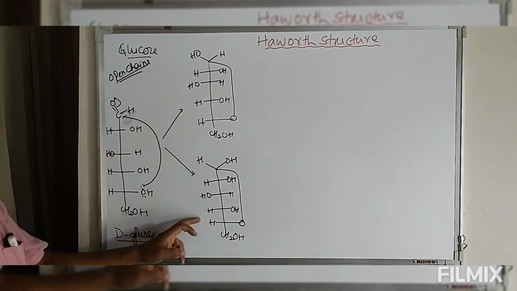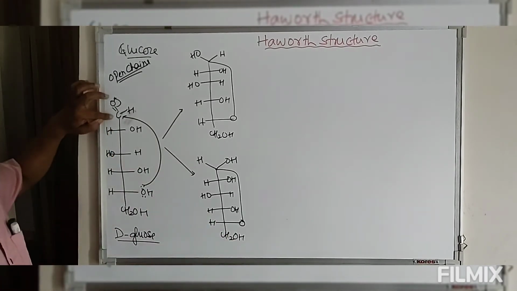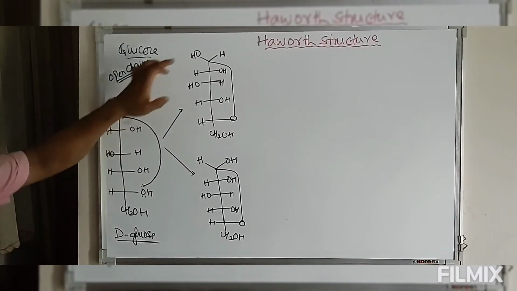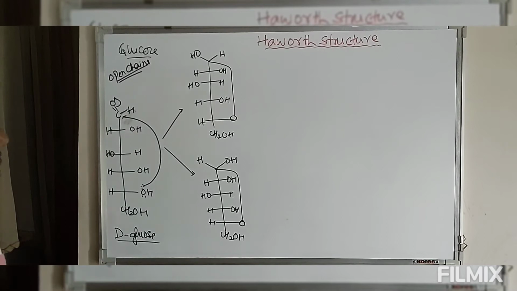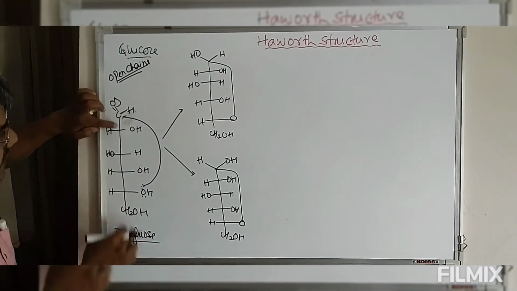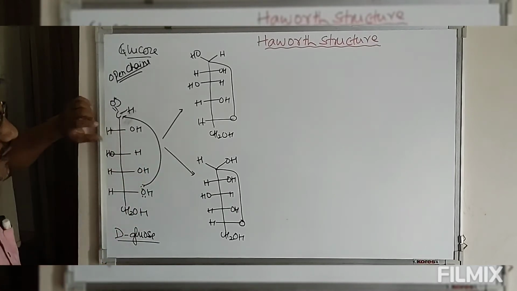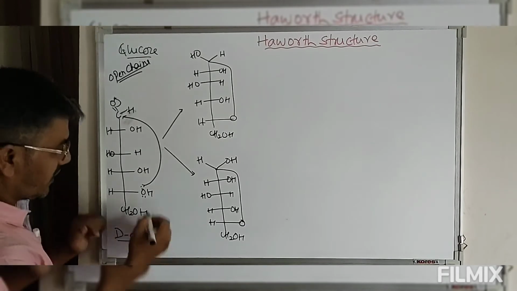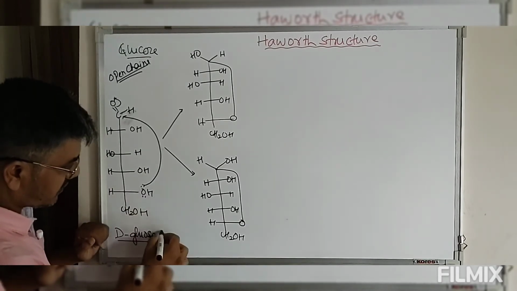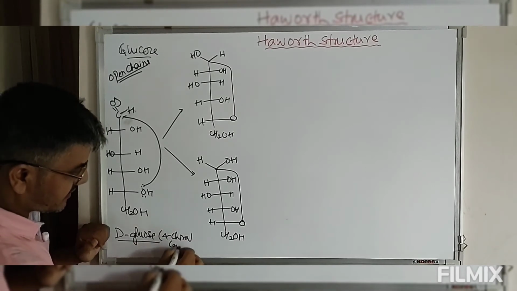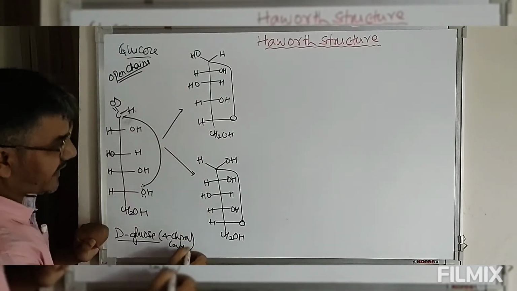These two possibilities arise only because of this aldehyde carbon being sp2 hybridized and planar. So there are two possible ways for the newly developed chiral center. Initially, look at this, the open chain contains only 4 chiral centers: 1, 2, 3, 4. Now when it cyclizes, an additional new chiral center is formed. In this particular molecule, this D-glucose open chain has 4 chiral centers. Now this is the cyclized form.